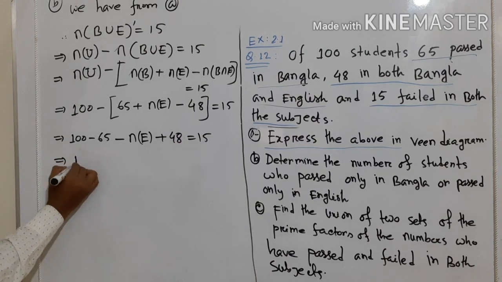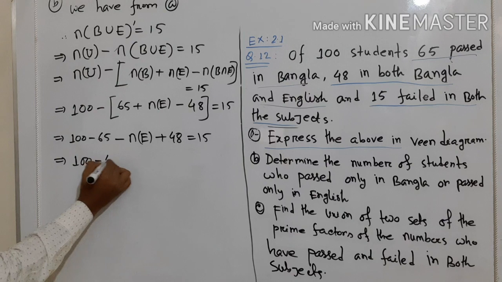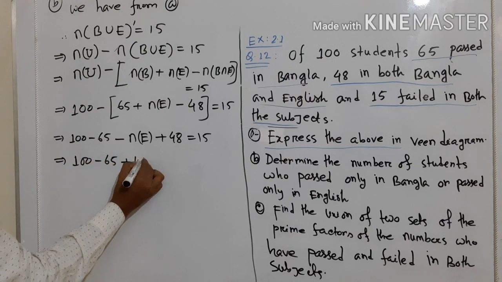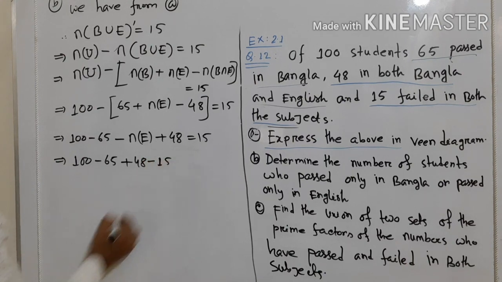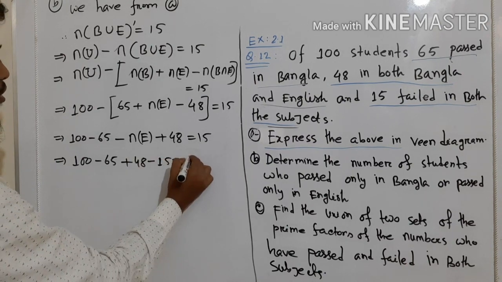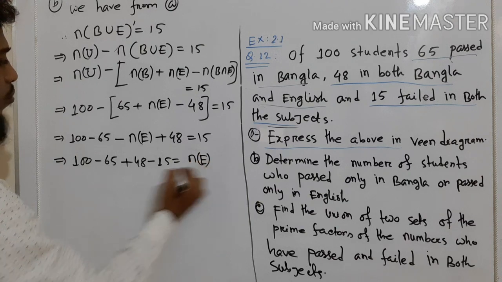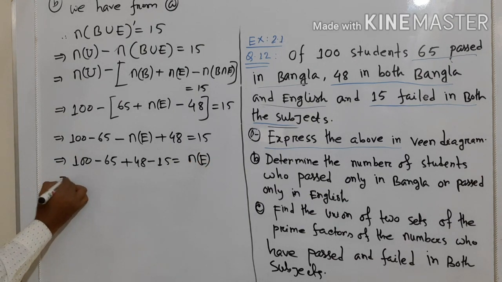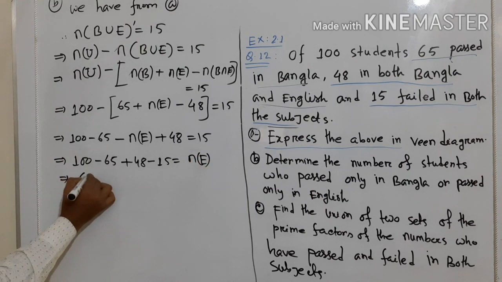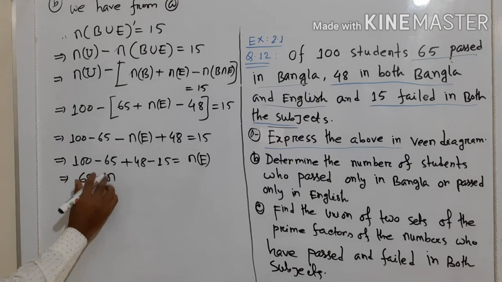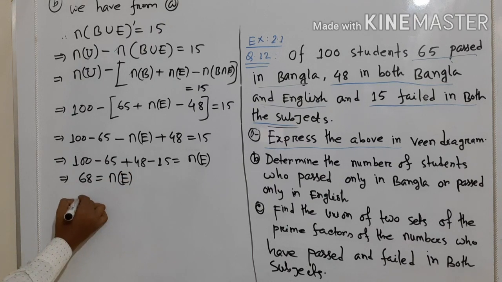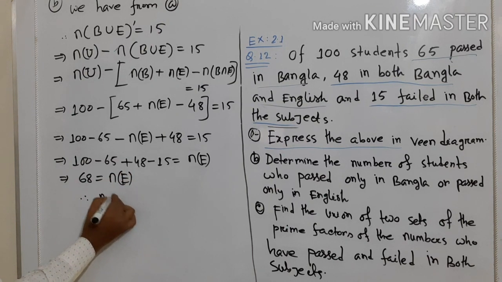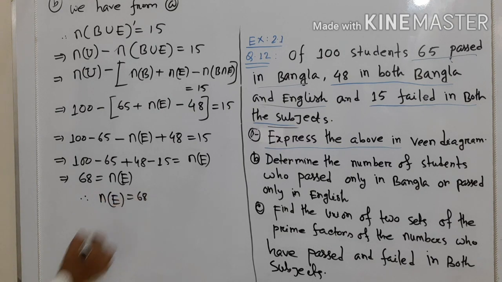So we can write 100 minus 65 plus 48 minus 15 equal to n of E, number of E. So this equals 68, that is number of E equal to 68.